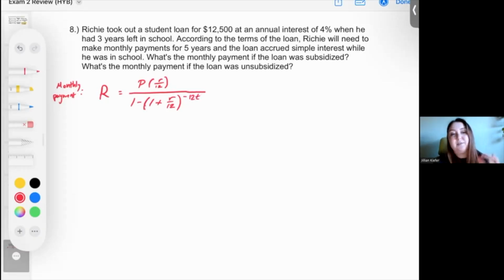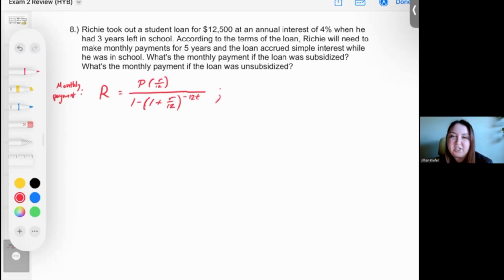So since it's very specifically monthly, we're replacing those n's with 12. That's what we do for student loans, since student loans are paid monthly.